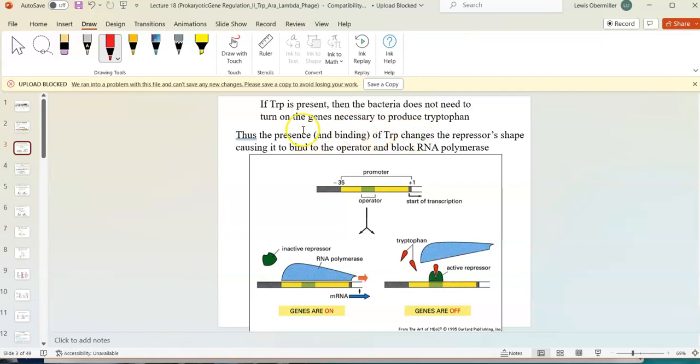Okay, so if tryptophan binds to the repressor, when we add one molecule to another molecule, it changes its shape. Just like if I took a Lego block and put it on my Lego police car, it would be a different Lego police car. It would have a different shape.